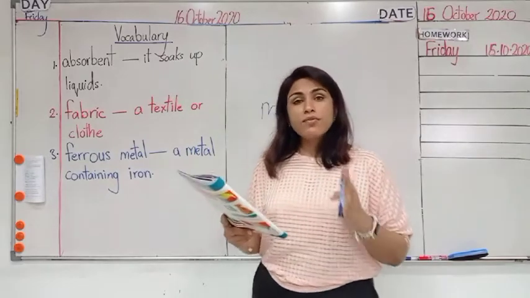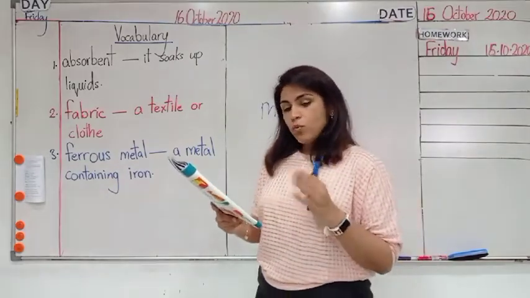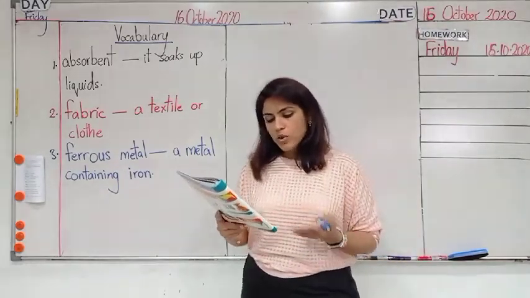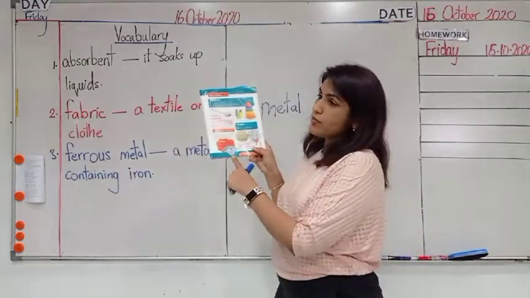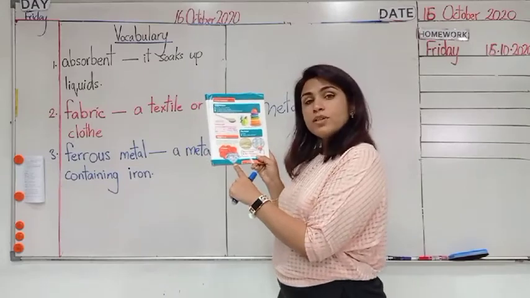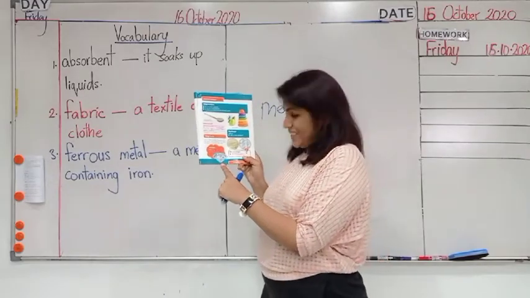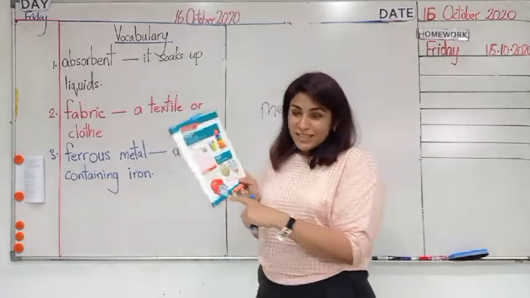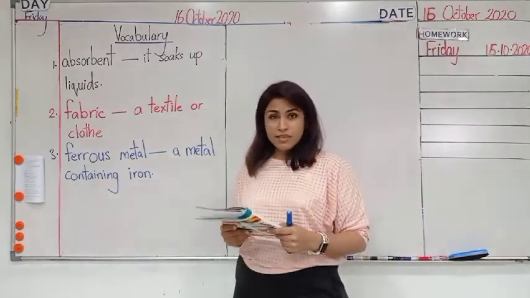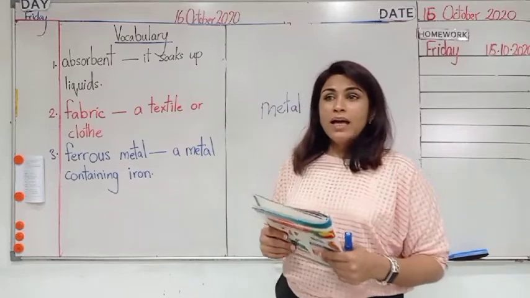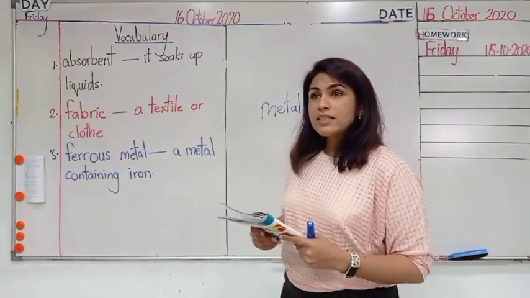Now let's read in the red cloud. I wonder what is the most expensive material, and then they gave you a picture of this. How many of you know what this is? Yes, it's a diamond. It's a very, very rare and expensive material, and you will find it in nature.